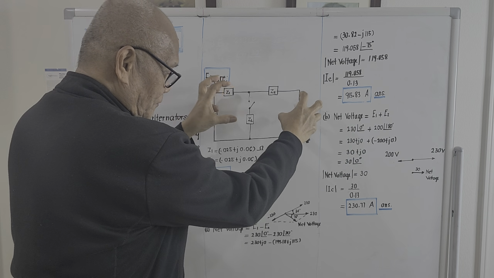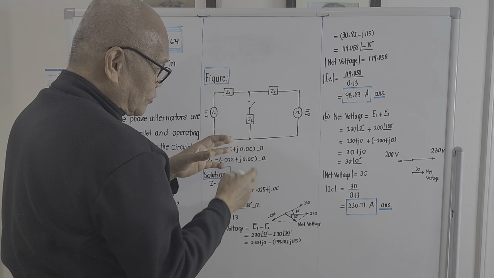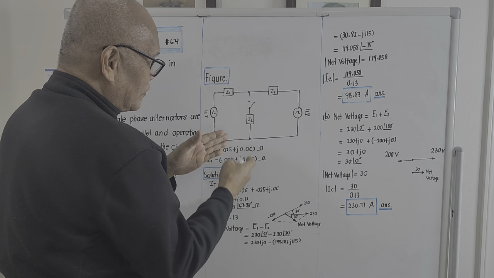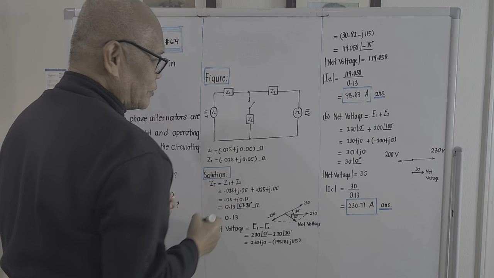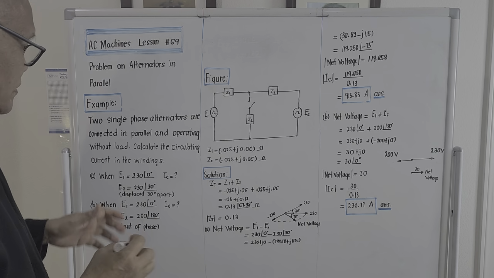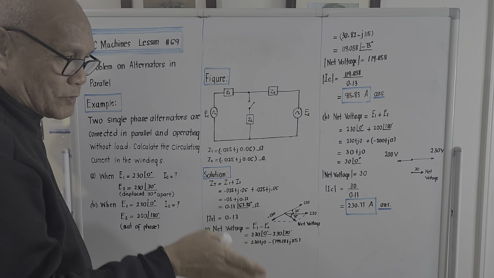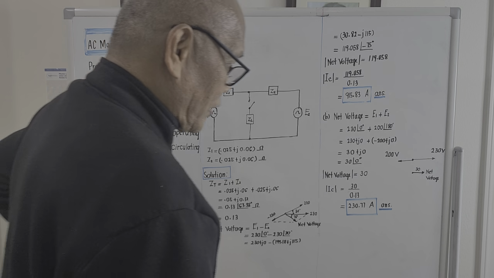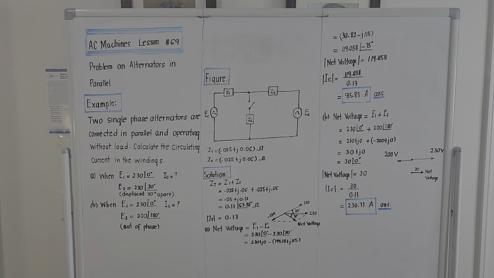They are connected in parallel, and in parallel with them is a common load designated by Z sub L. This is a switch. The problem here is the computation of the circulating current.